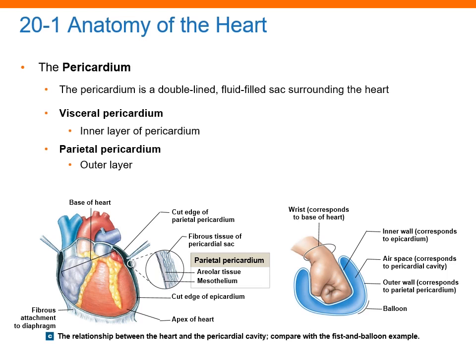So a little bit more on the pericardium. The pericardium is a double-lined fluid-filled sac, as I mentioned, that surrounds the heart. Imagine in this case on the right that the fist would be the heart, and this is a balloon, not super inflated, but it's still got some air in it. If you push down on it, it's a single continuous layer, but well, that's probably not the correct way to say it.